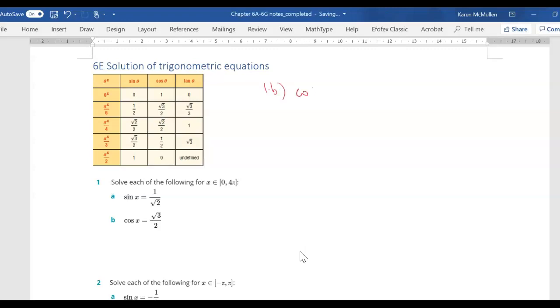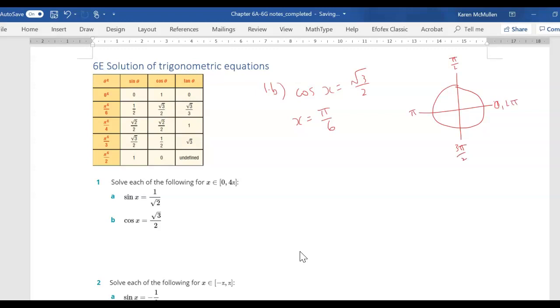So we've got cos x equals root 3 on 2. Okay, so we look at our exact values. So that means x is equal to, now we've got to find, cos root 3 on 2 is pi on 6. Now we're only dealing with positive, so when we're working with our unit circle, the same as before, we're going from 0, pi on 2, pi, 3 pi on 2, and 2 pi.